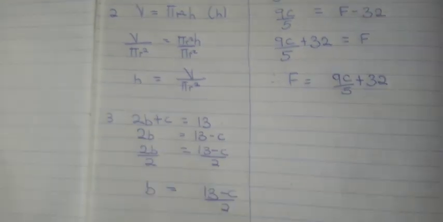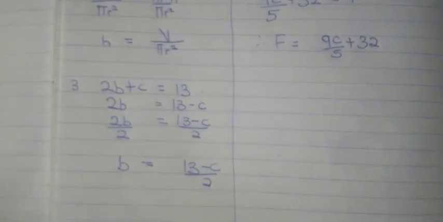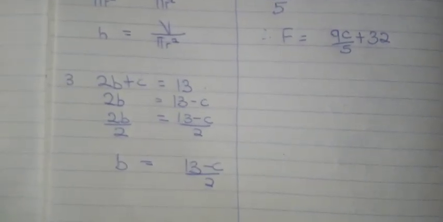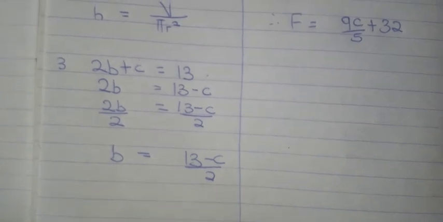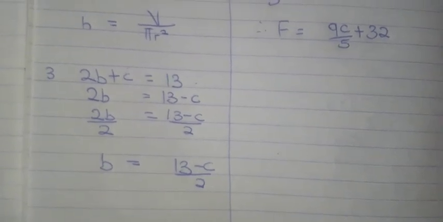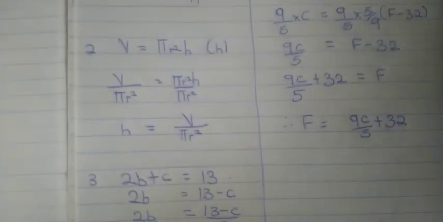So let us also look at another example where they tell us to make V the subject of the formula, and hence find the value of V when those terms are given.